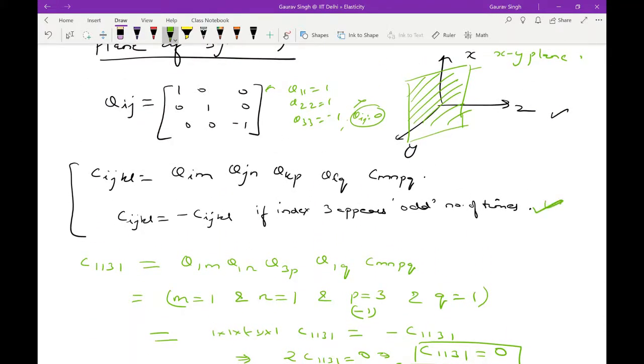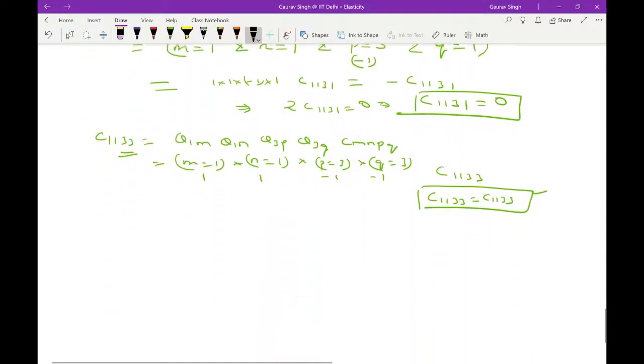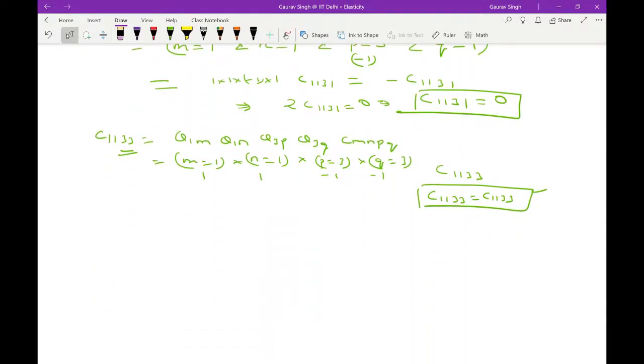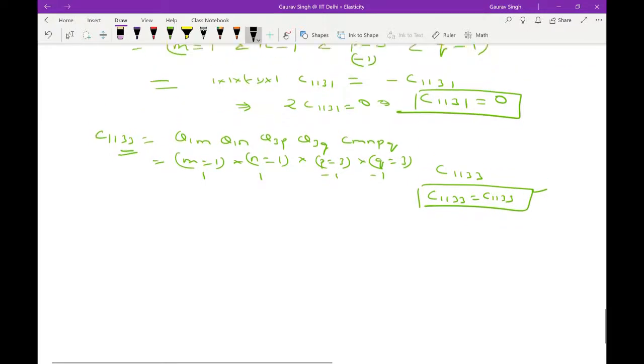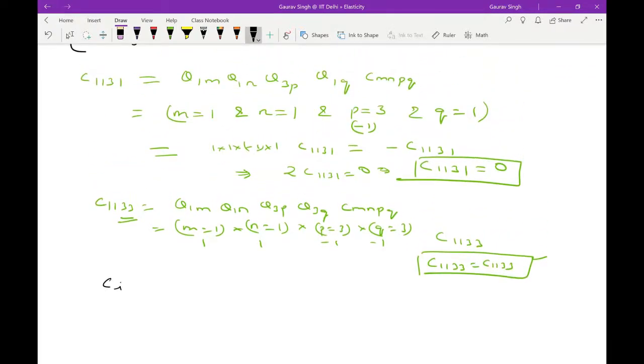You can also do it for many other cases, or you can do it in the lengthier way and perhaps prove it in some more fashionable way. But the idea is that this statement is verified now. So this gives Cijkl equal to minus Cijkl.